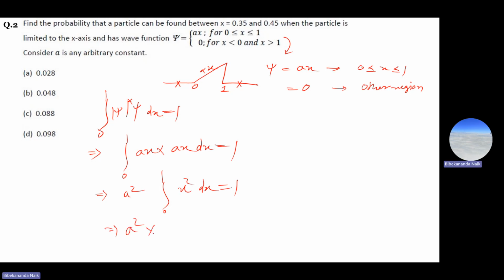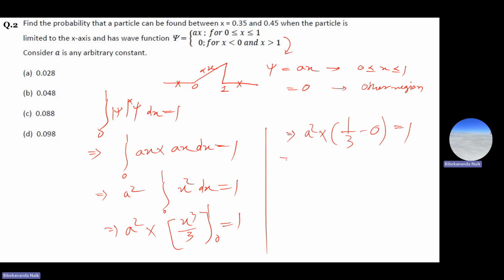Then a square into x cube by 3, from 0 to 1, equals 1. Then a square into 1 by 3 minus 0 gives 1. So a square equals 3, and a is root 3. So this will be the value of the normalization constant, that is a.